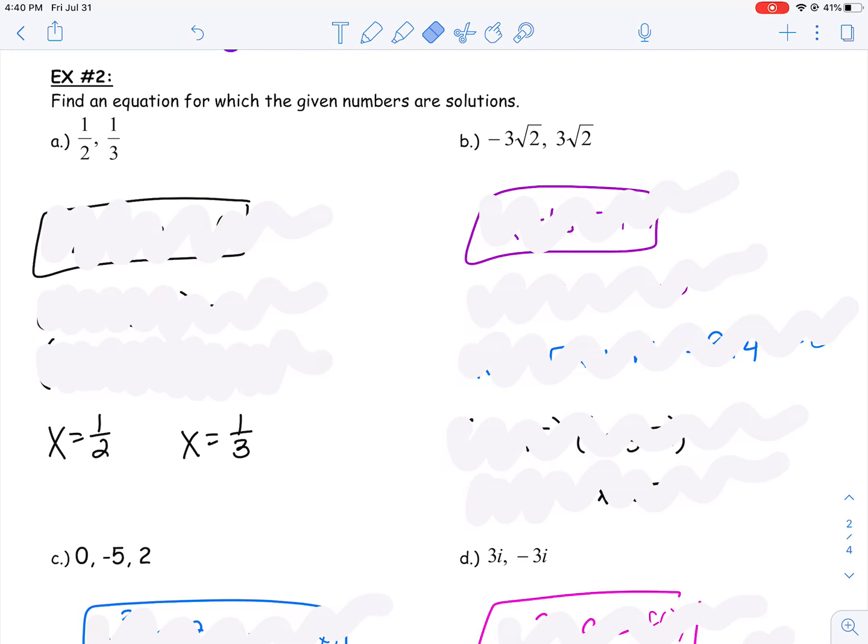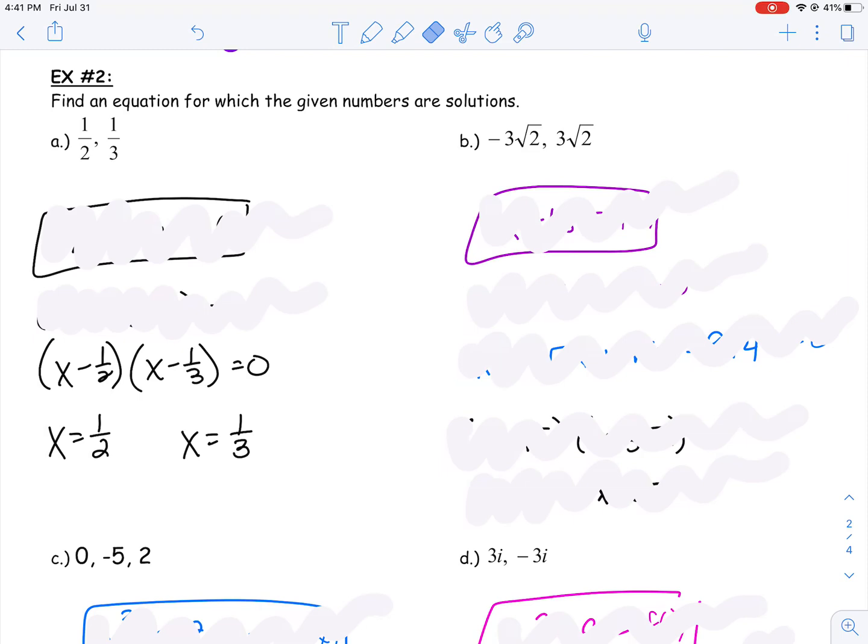So imagine those are our two answers, and let's work this process backwards to figure out what equation it actually came from. So what is normally the step right before we get an answer? If we have x equals 1/2, well, if we were to go backwards, then wouldn't that mean that inside my parentheses, like if this were a factoring problem, I would have the opposite, x minus 1/2?